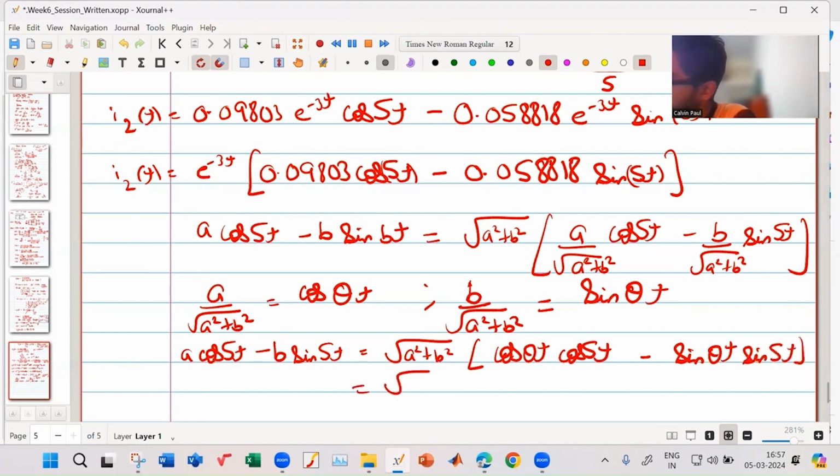This is of the form square root of a square plus b square into cos of theta plus phi t. It is not cos theta t, it is just cos theta, sorry.